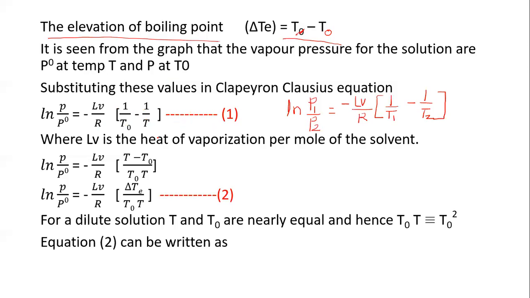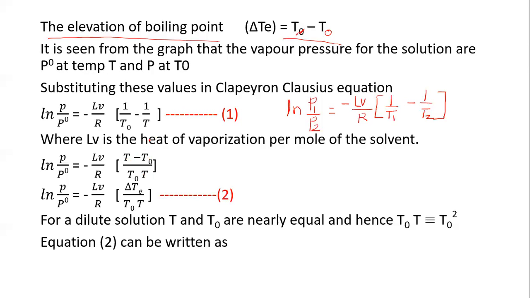Now we can simplify the equation. You can see the right side of the equation can be simplified. So it is T minus T0 divided by T0 into T. Then we know that the difference between the boiling point of the solution, that is T minus T0, is delta T. So this delta T can be substituted here.